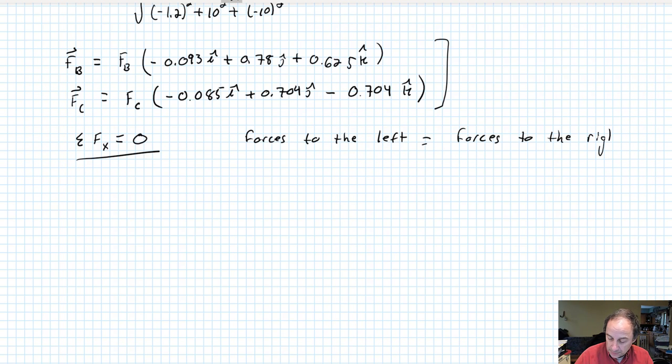No negative signs, right? So forces to the left is going to be FB times 0.093 plus FC times 0.085, and that all equals P.